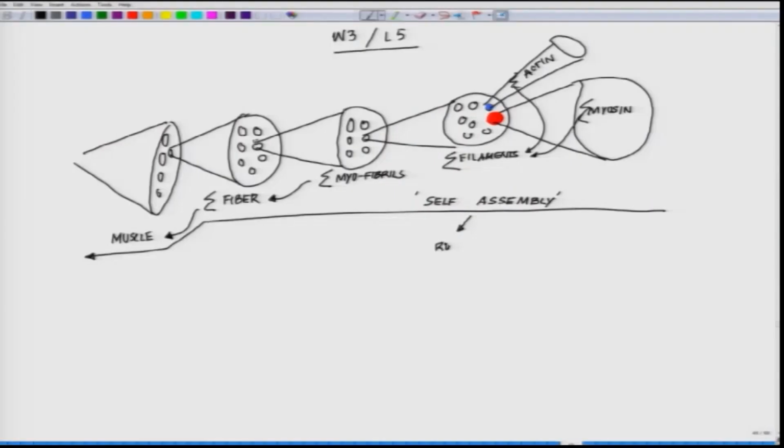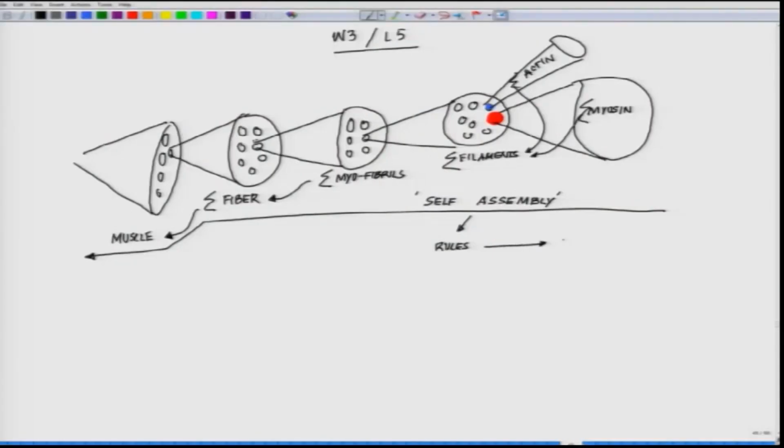And the future lies in understanding these kinds of self assemblies, because understanding them will one day make us dream, or maybe help us achieve the dream of developing something called artificial organs, where we will be able to develop structures according to our needs and requirements in the laboratory.